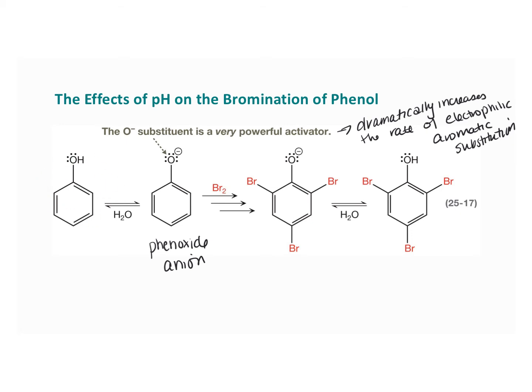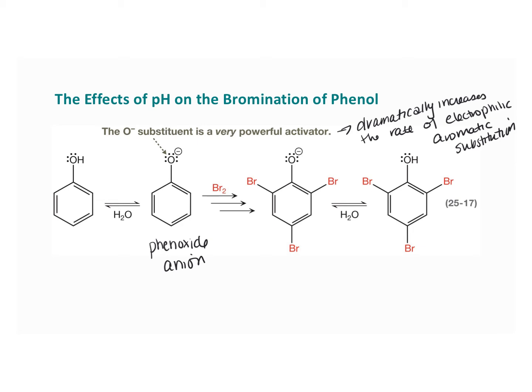And so it basically cuts off the route where the phenoxide anion participates in the electrophilic aromatic substitution, and the only route available is the one where the electrophile reacts with the uncharged phenol, and so that's a much slower reaction that can pretty easily be stopped after a single bromination.